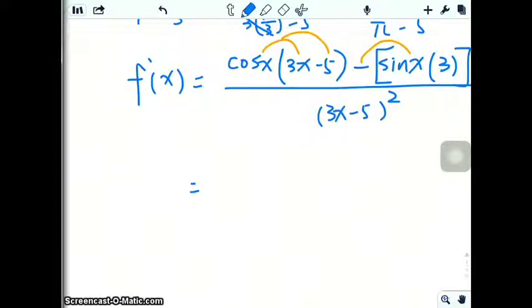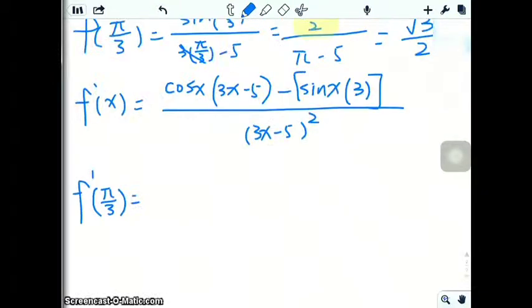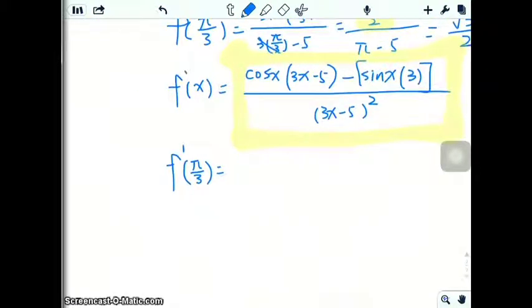Let's do that instead, to save us some time. I'm going to plug in pi over 3 into this newly derived function, which is the derivative of the original function.